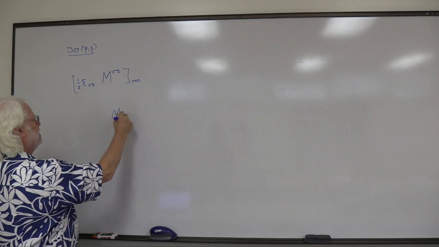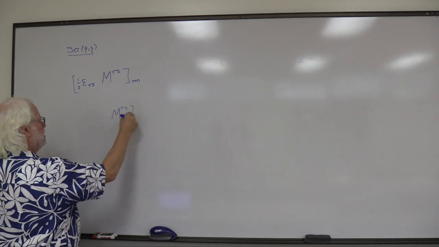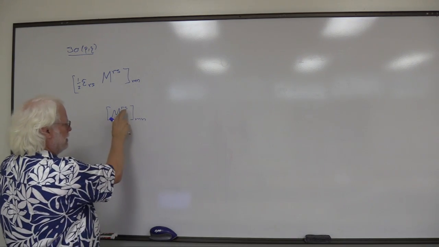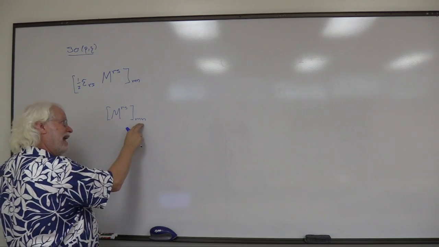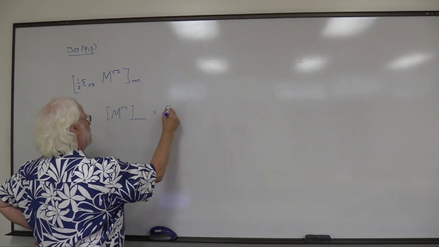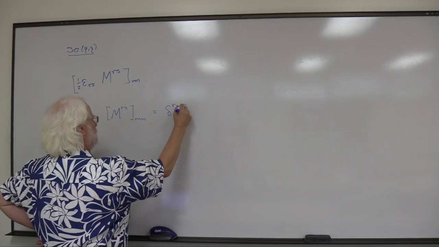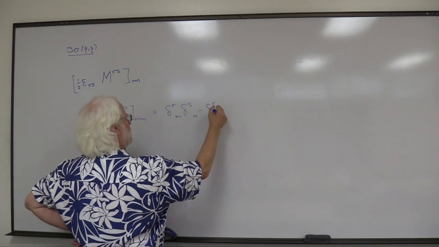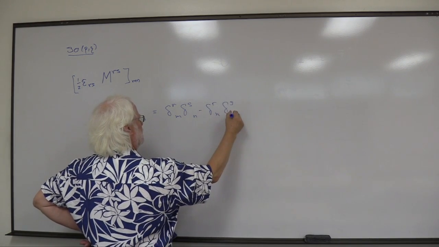Then this thing, M_RS, is going to have components MN. These are antisymmetric and those are antisymmetric, so I can do it with Kroneckers: delta RM delta SN minus delta RN delta SM.